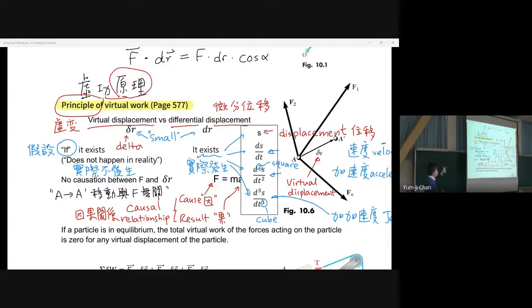But there is no cause and result between F and delta R. We are not saying because we have F, therefore we have delta R. We are only saying that there is F and there is delta R, and these two have no relationship.